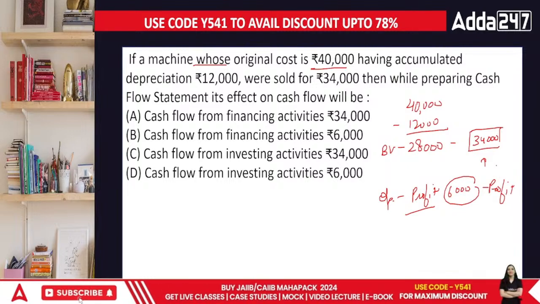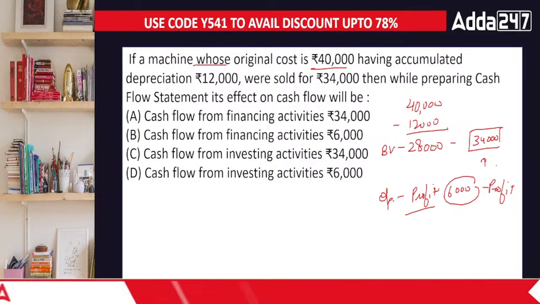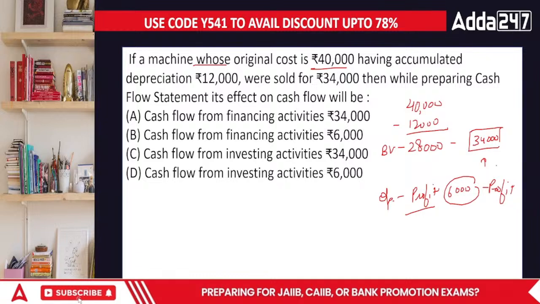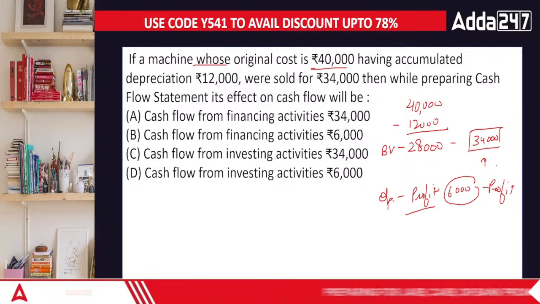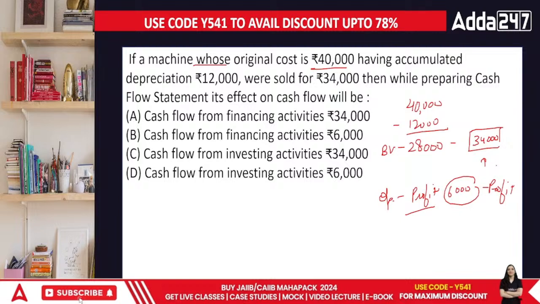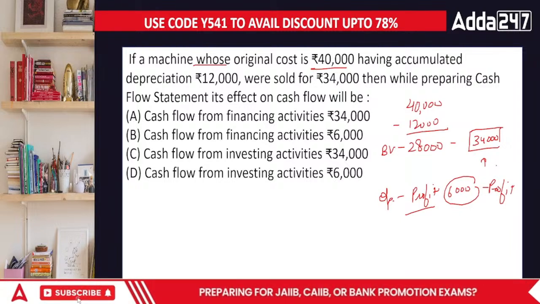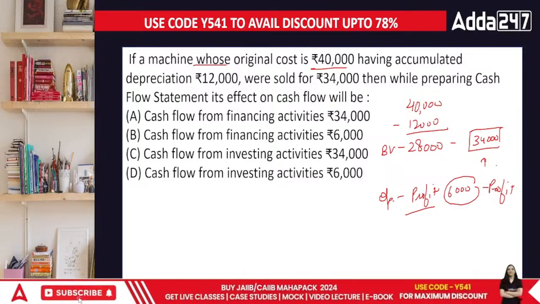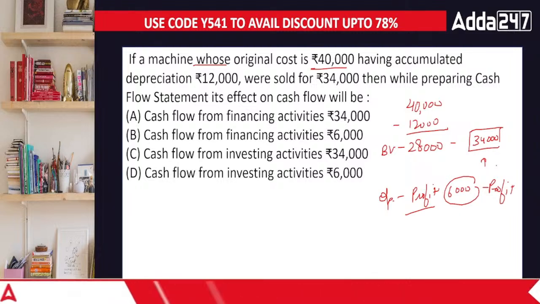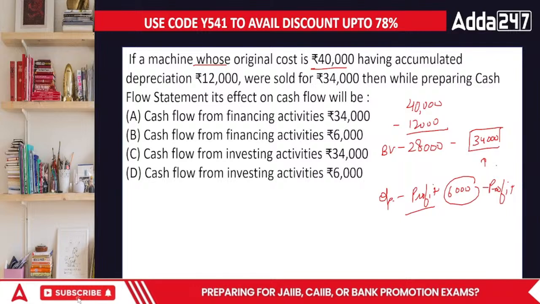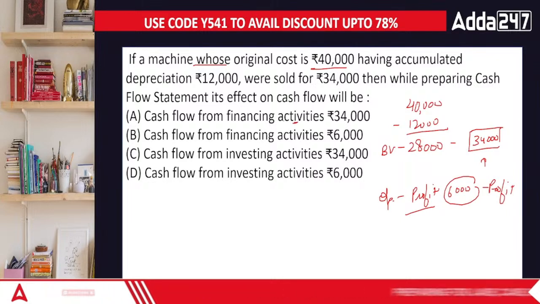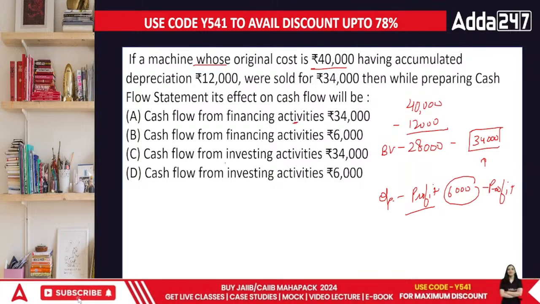Based upon the inflow and outflow, what are you receiving? What's going to be the answer? The answer is 34,000 because the inflow is 34,000 and you're receiving 34,000 for your investing activity, isn't it? So your investing activity part is 34,000 that you are receiving.